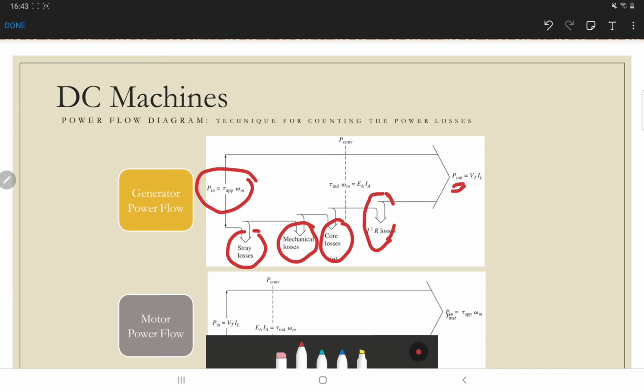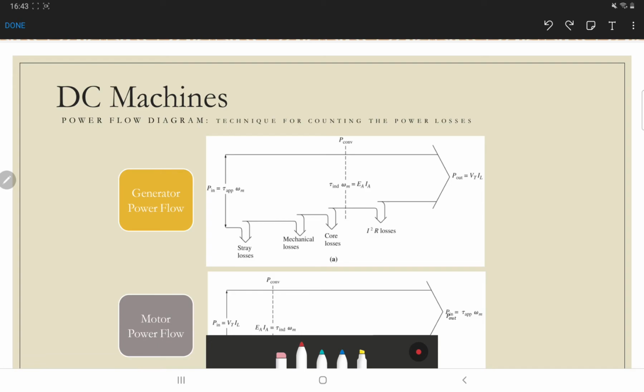So we can see here that the output power is much less than the input power, and it depends on the amount of losses.